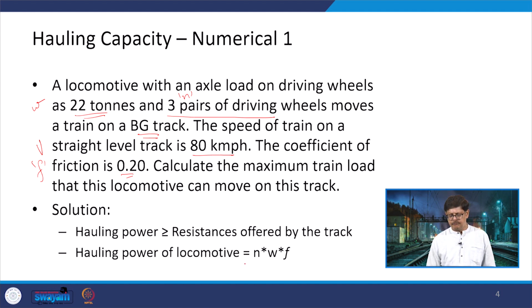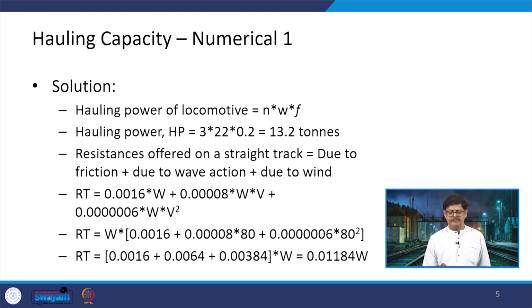The hauling power of this locomotive is defined as the multiplication of F, N and W. If we put the values here, F is 0.2, W is 22 and the number of driving wheel pairs is 3. So, what we get is 13.2 tons.